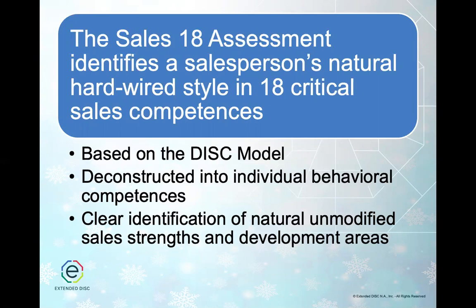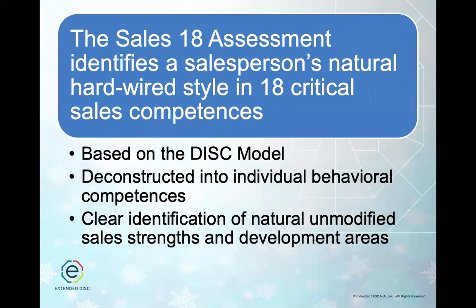I think what you just said about it being so easy to use has been probably the main reason it became so popular so quickly. Although it's based on the DISC model and on the same questionnaire, the users don't actually have to know anything about DISC, because we look at these 18 sales areas that are very critical to salesperson success.